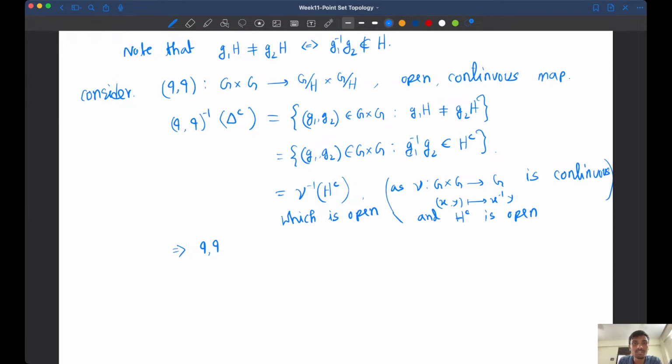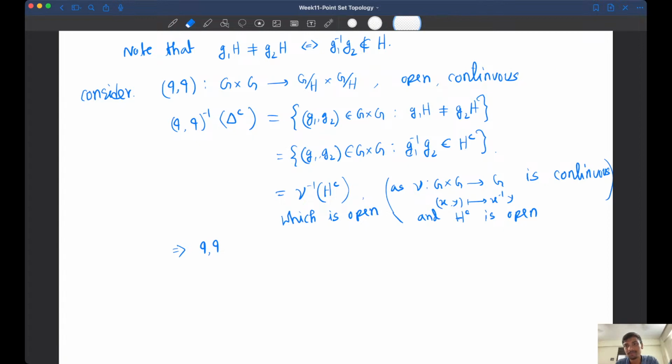But on G mod H cross G mod H you have the product topology, and the individual topology comes from the quotient, but I don't know as a whole whether that topology is the same as the topology coming via this Q comma Q. If that is true, then you can say from the quotient that this delta complement is open. But in this case I don't immediately know, so I just use the openness of this Q comma Q, with continuity and surjectivity.